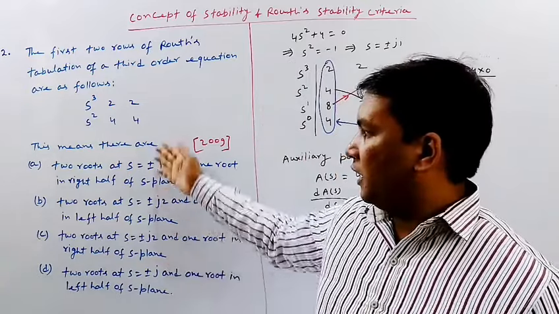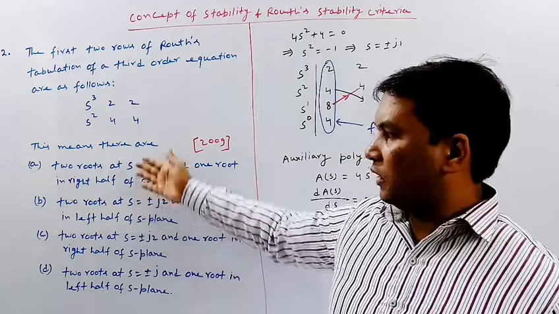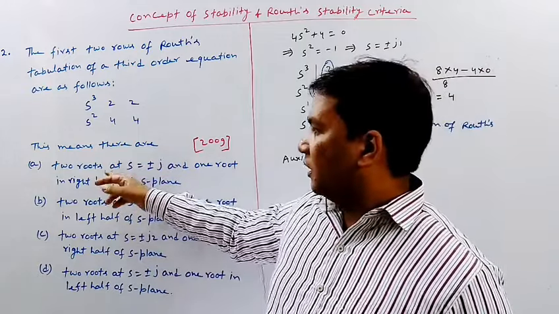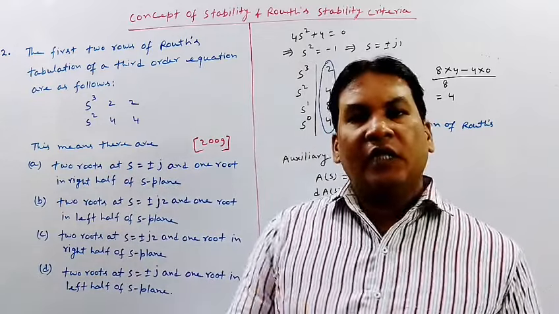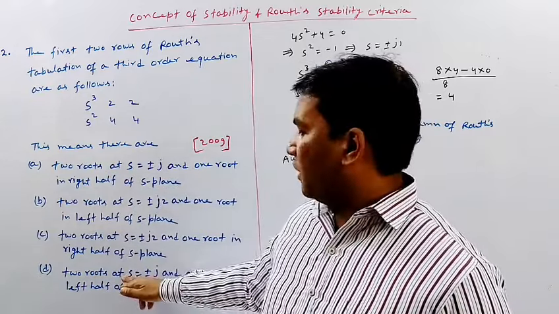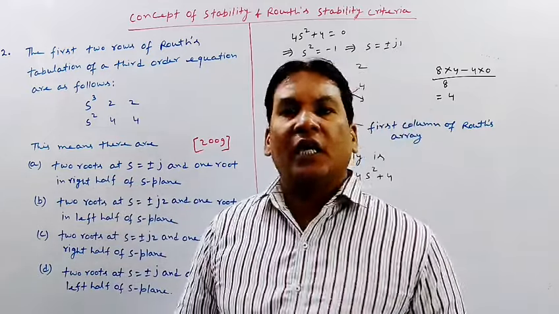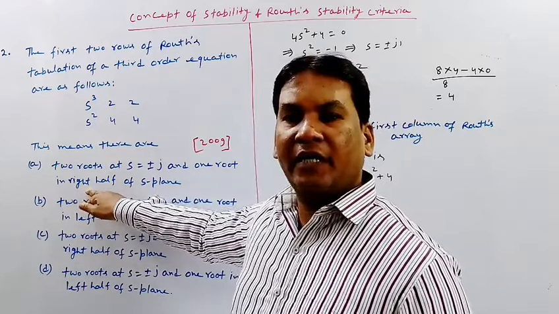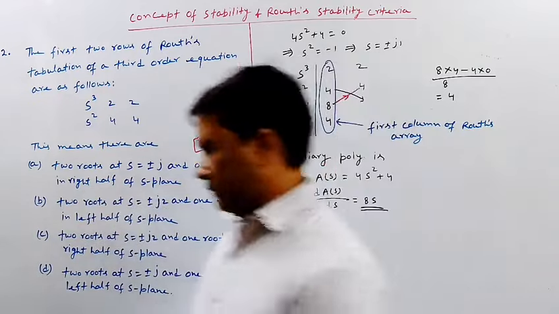One alternative must contain right half and one alternative must contain left half. So if we make alternative number A as right, then our alternative number D will be correct.